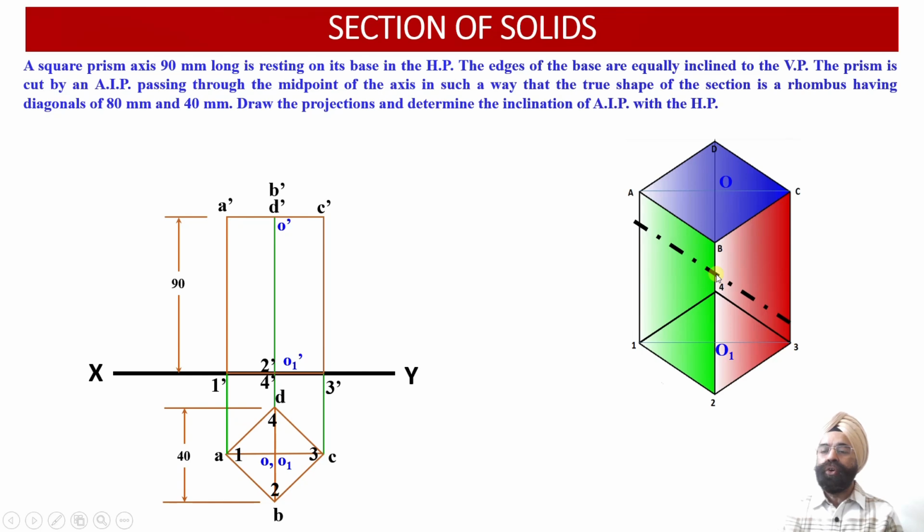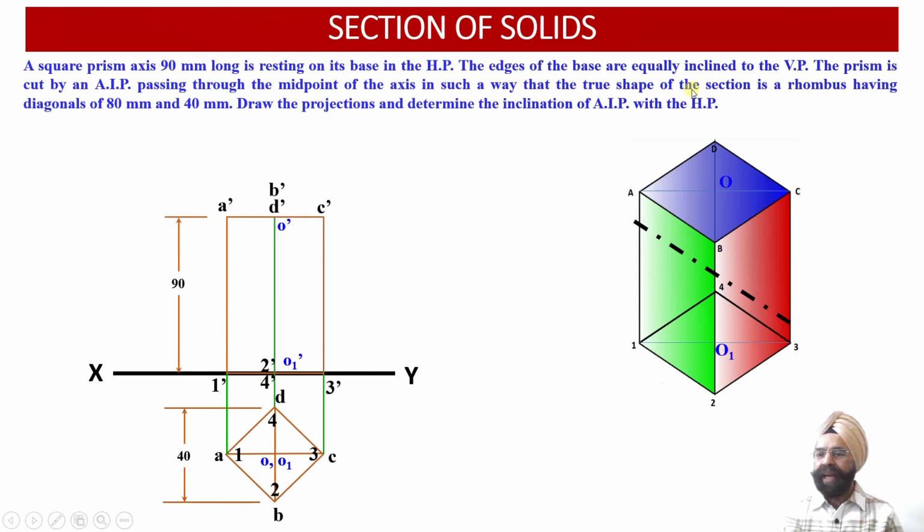Now we also know that the cutting plane should be intersecting with all the vertical edges of the square prism. Now we know that the dimension of the major diagonal of the rhombus, which will be representing the true shape of the cut section, is going to measure 80 millimeter.